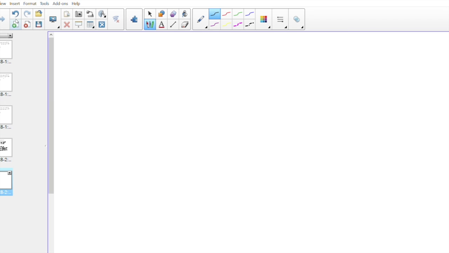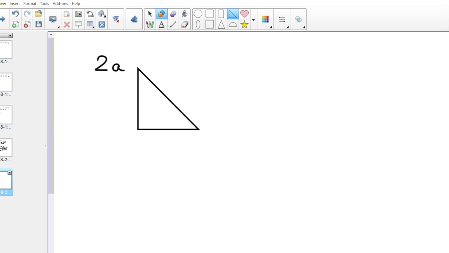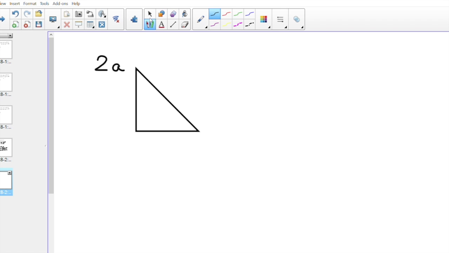Now let's go to 2A. Again, it says find the length of a leg of an isosceles triangle. That's 45, 45, 90, and this is the hypotenuse, and these are legs.